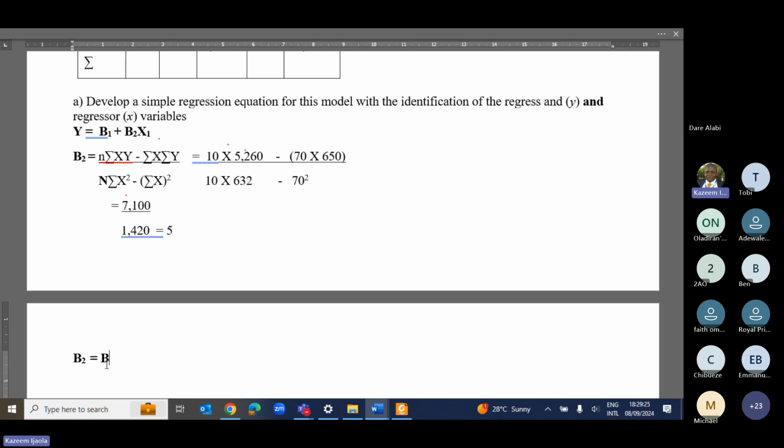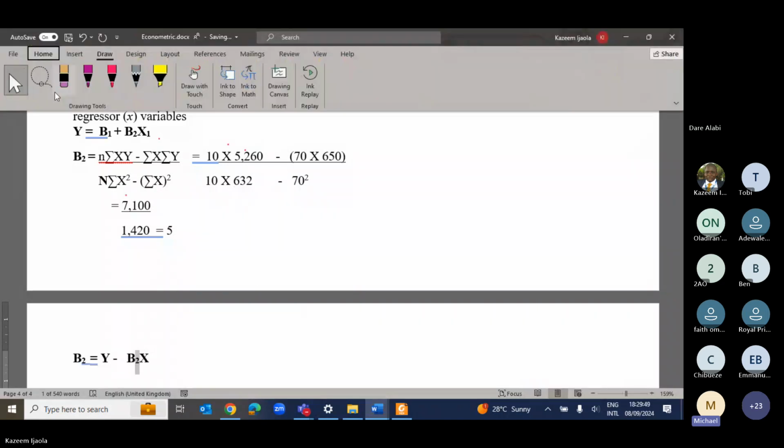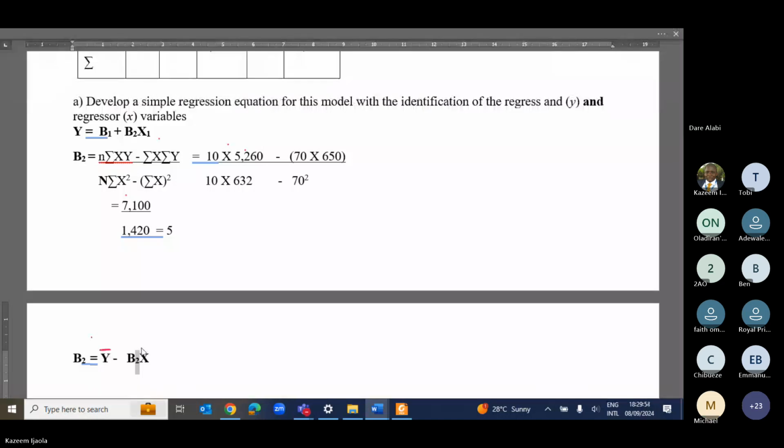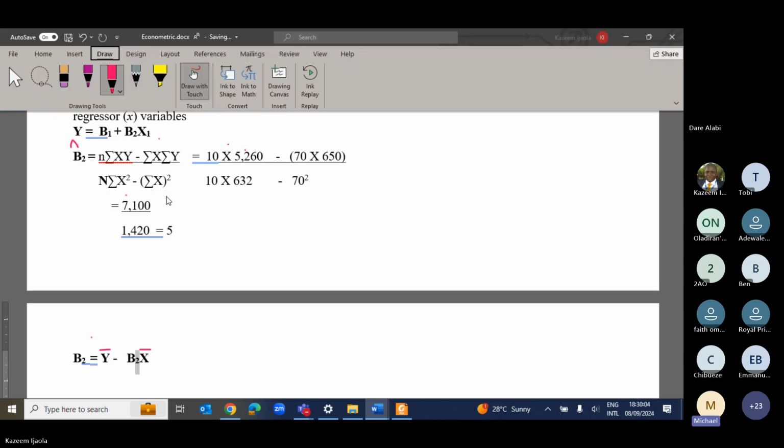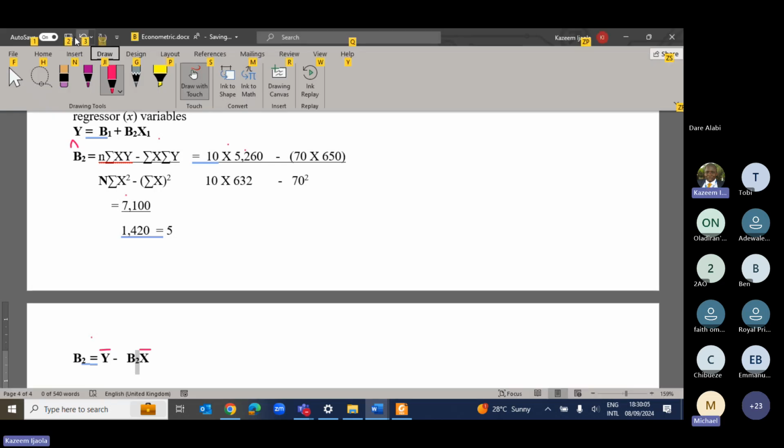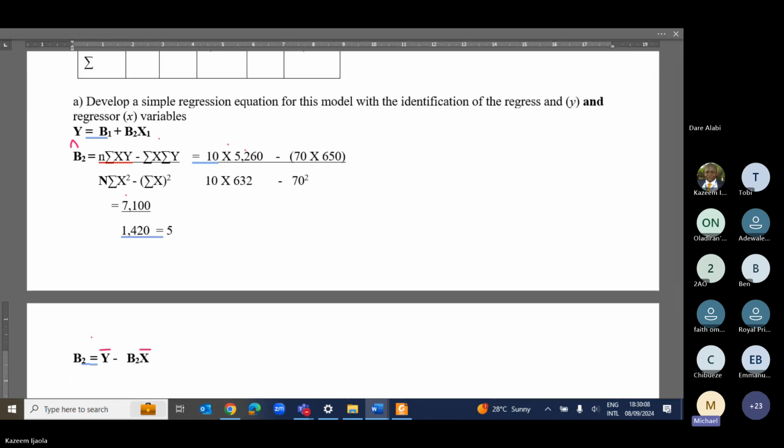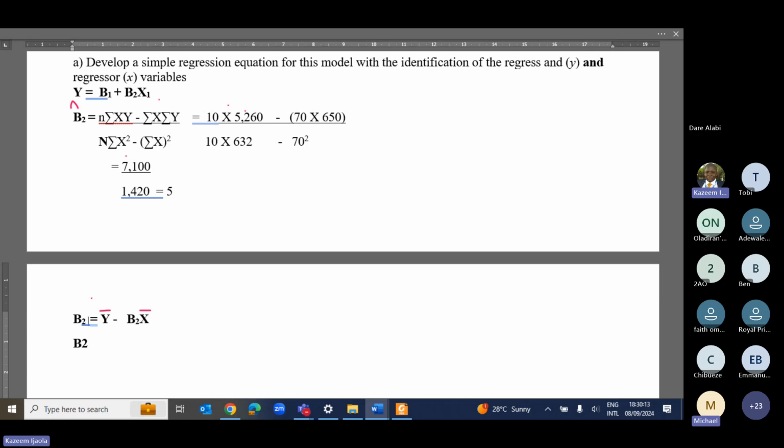So this is beta 2. Let's quickly put the bar on there, and the cap on beta 2. So beta 1, sorry.